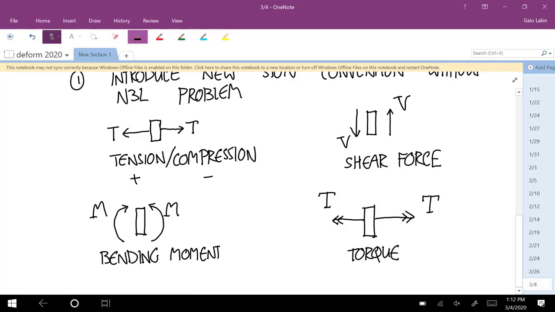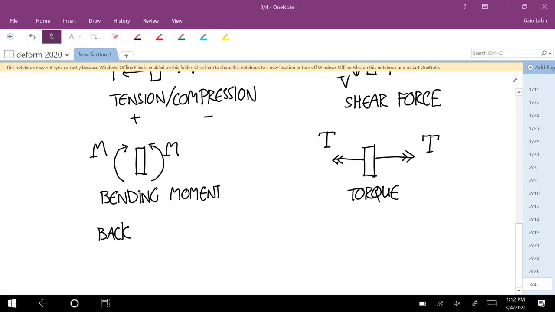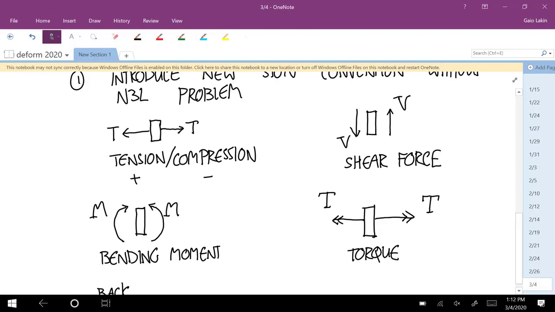Okay, so let me do that same problem over again, this time with that new sign convention. We're not going to ever deal with ones that are going into or out of the page.